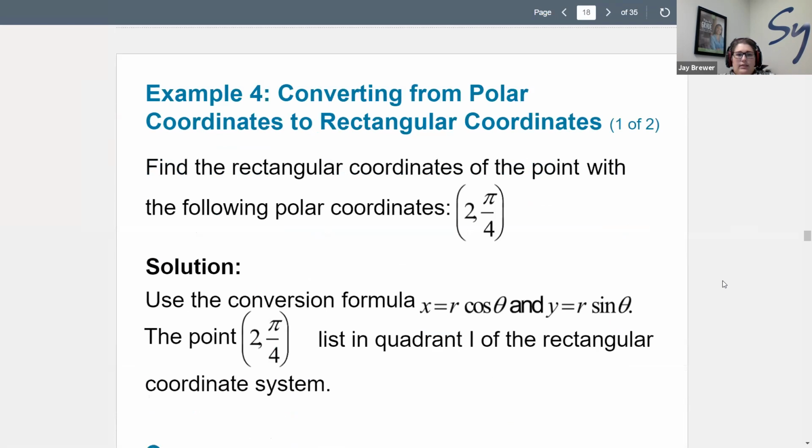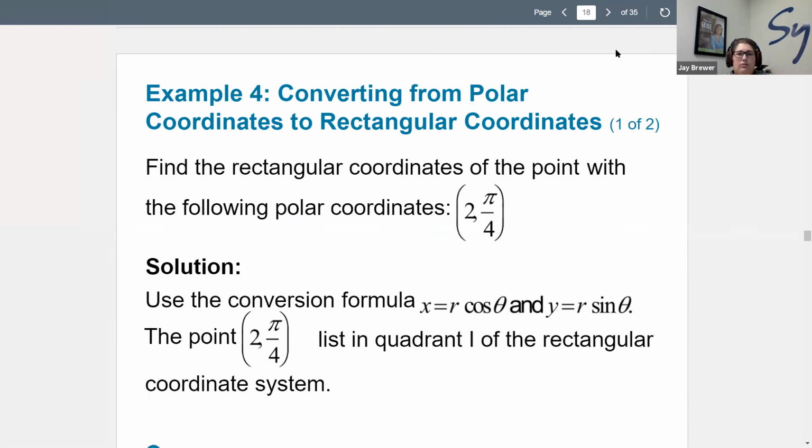So if we look at the example, we're going to want to find the rectangular coordinates of the point with the following polar coordinate, 2 and pi/4. So if we use the formulas, what are we going to find? You guys can do it.